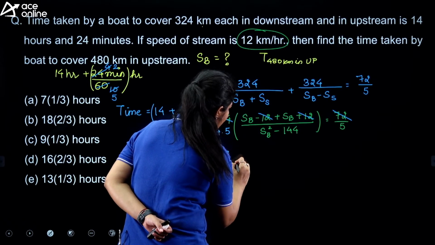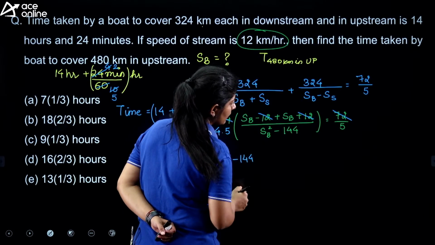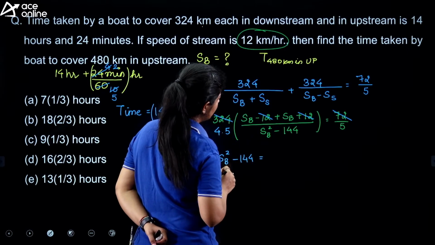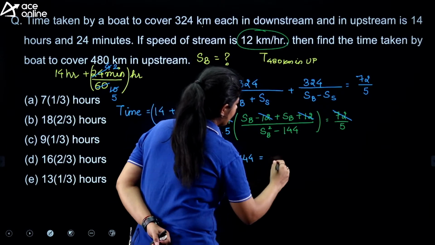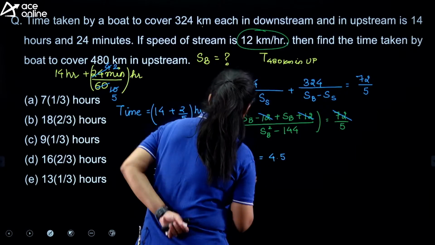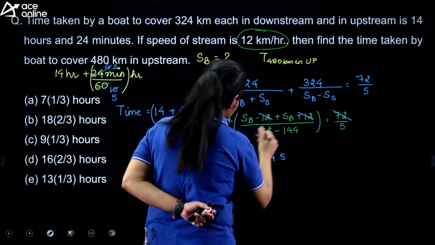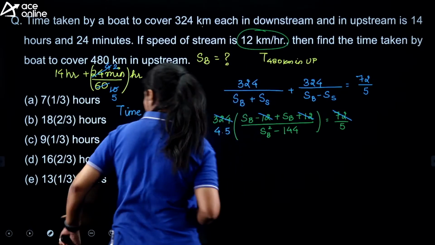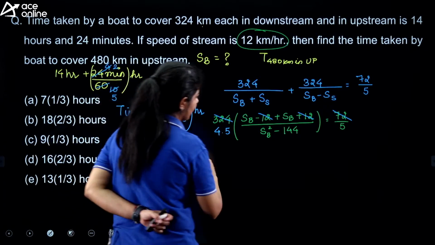Okay, so if I am going to write the quadratic equation from here, I can write it as SB square minus 144 is equal to 4.5 divided by, wait, we need to write this one as well now. Here we are getting 2, which can be written as 9, right?